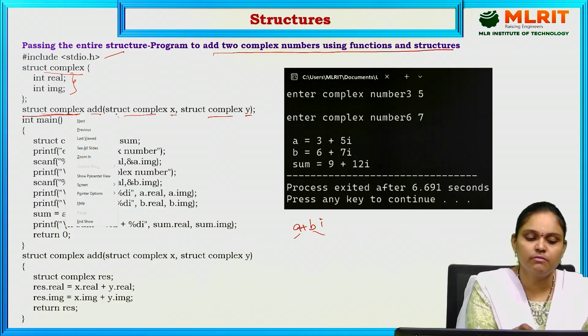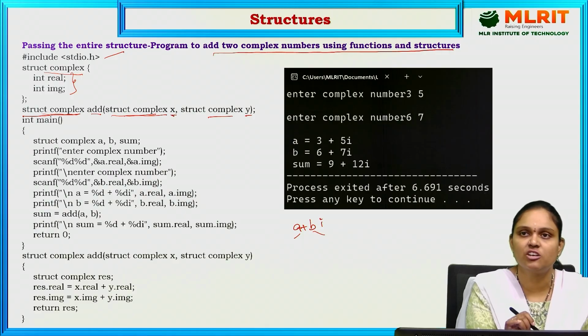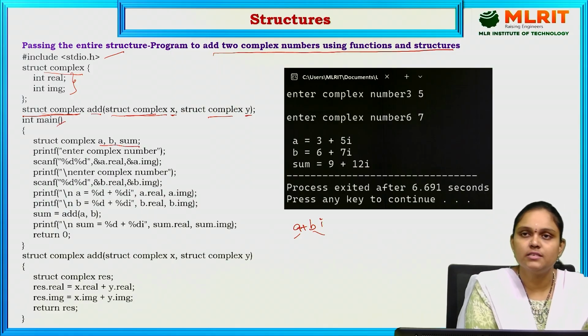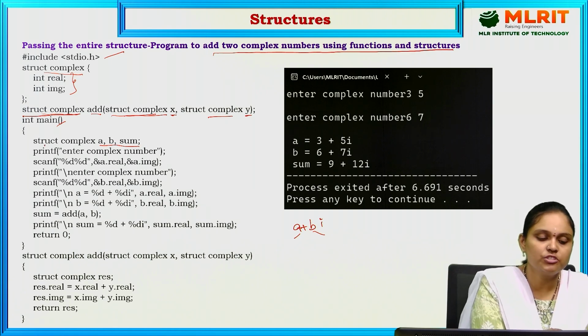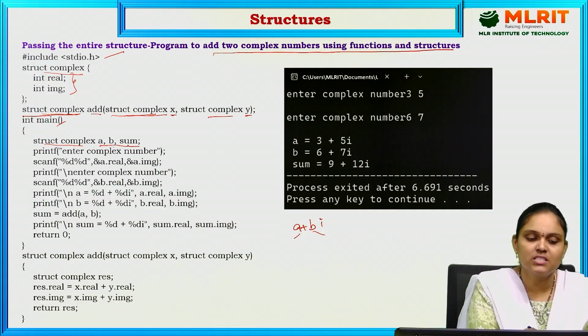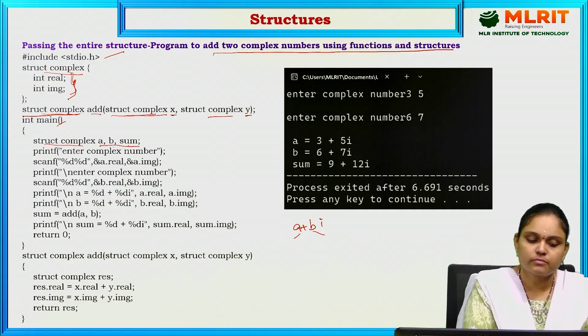That is the reason why we have mentioned struct complex as the data type, and also we have created the variable of the structure type, that is X, and here also we have created the variable of structure type, that is Y. And inside the main function we have created A, B and sum as variables of struct complex type. By using these variables A, B, sum, we can access the members that are present in the structure.